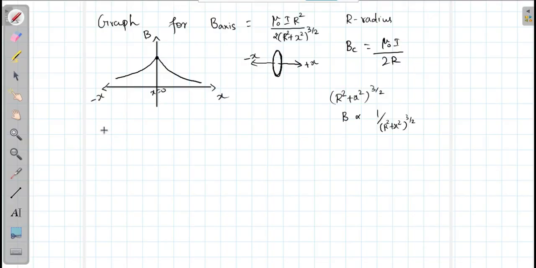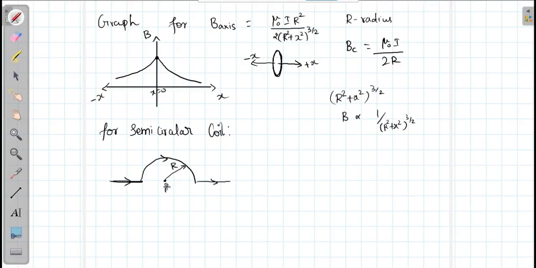For semicircular coil, consider you have a semicircular coil kept like this, a coil with radius capital R. The current is flowing in this direction.